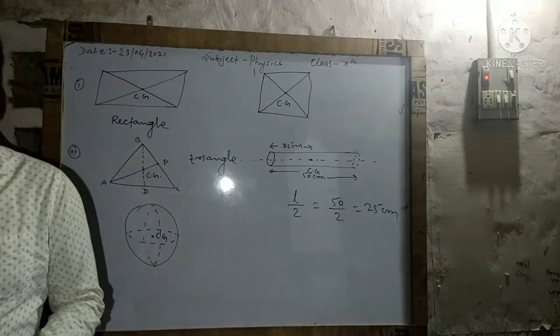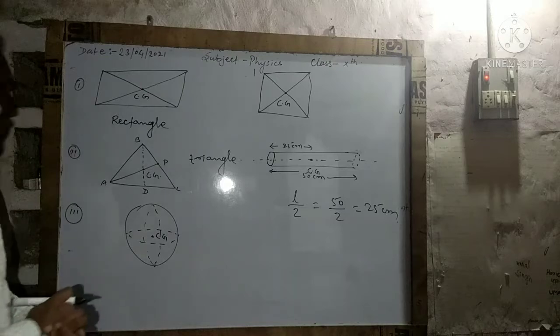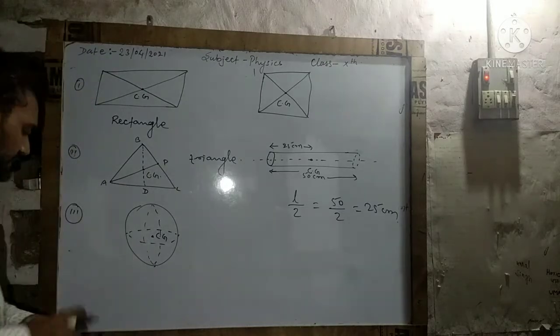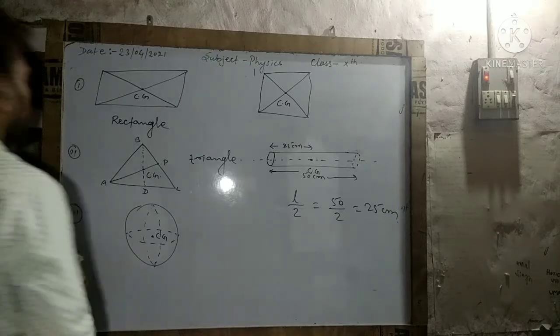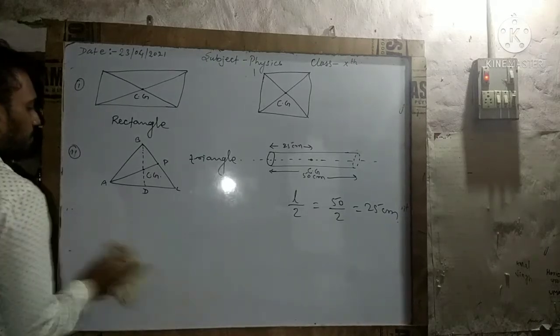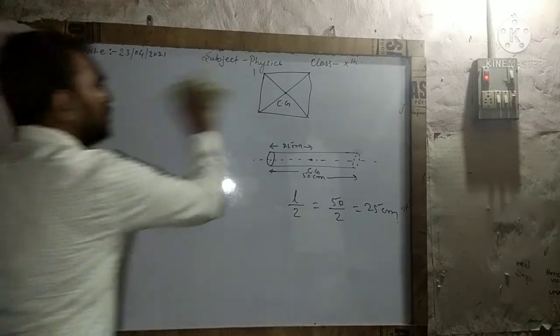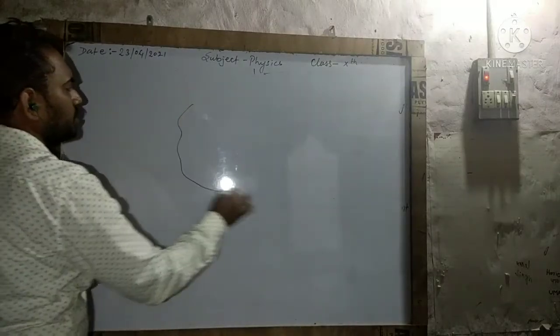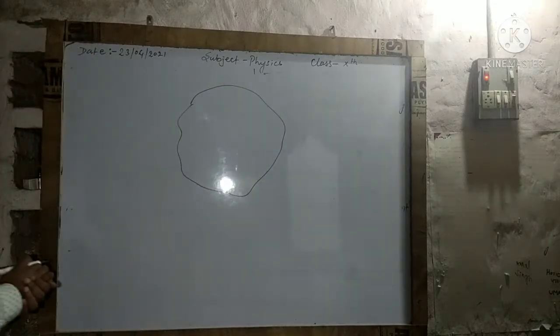Now come to how to find the center of gravity of an irregular shape. It is so simple. Let's assume that there is an irregular shape, whatever the shape may be.